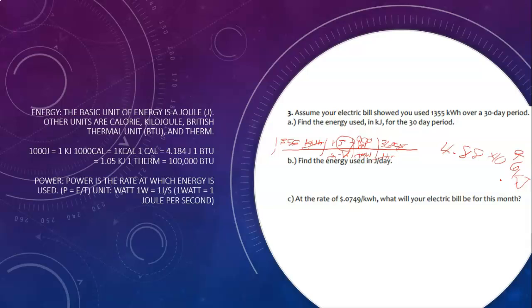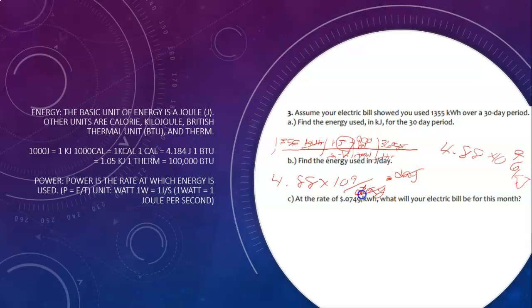So based on what we had before, we had 4.88 times 10 to the 9th joules per day. Sorry, that's joules per day. And in order to get that day to disappear, we're going to multiply by days.